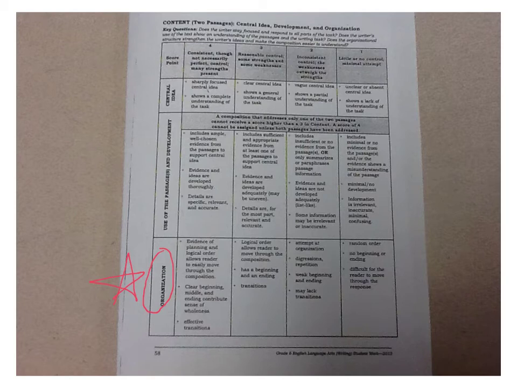If we're looking at this 3 and 4 area right here, we want to see that you have evidence of planning and logical order, and it allows readers to easily move through the composition. A clear beginning, middle, and end contribute to the sense of wholeness and effective transitions.